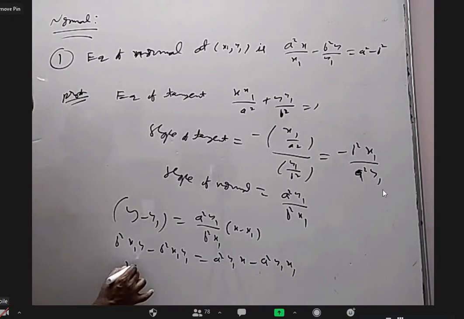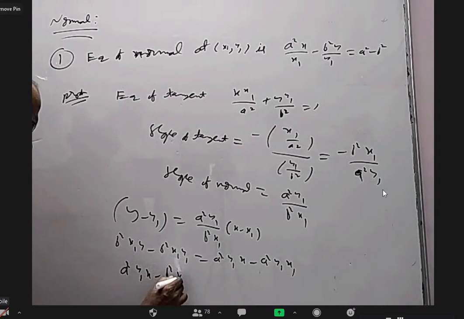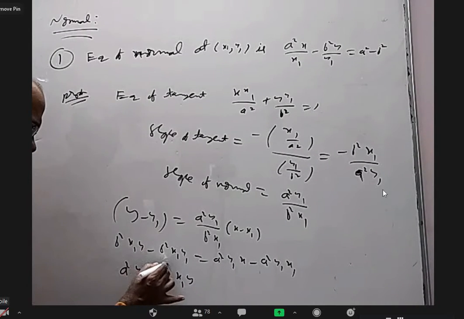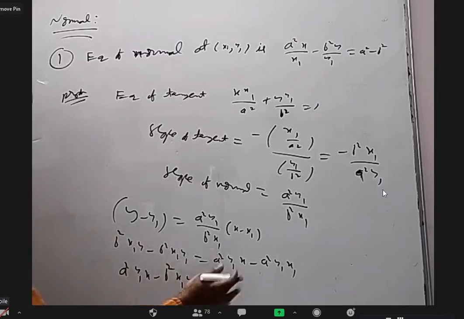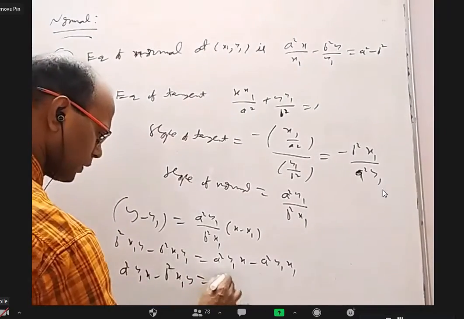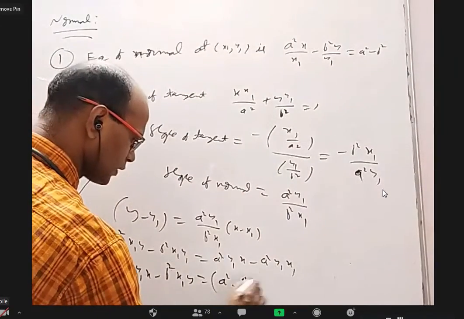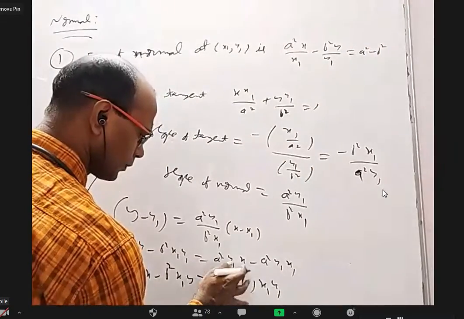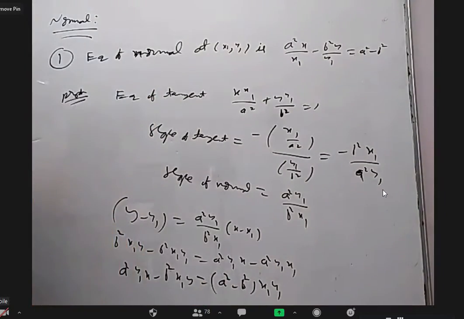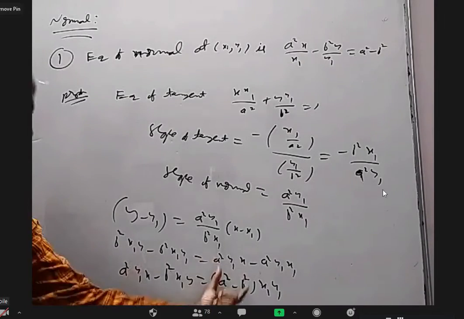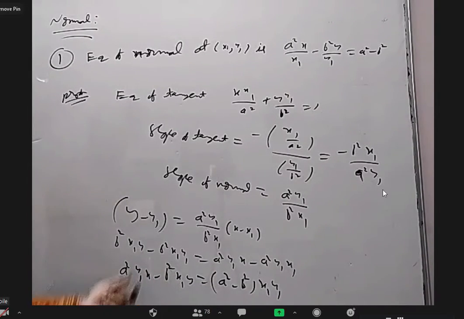So a square y1 x minus b square x1 y is equal to a square minus b square x1 y1. So now when I divide with x1 y1, you will get the answer.